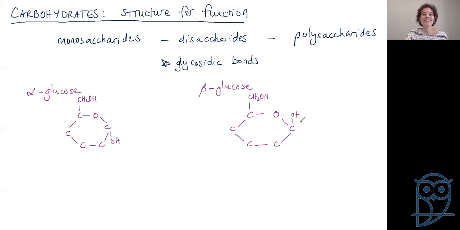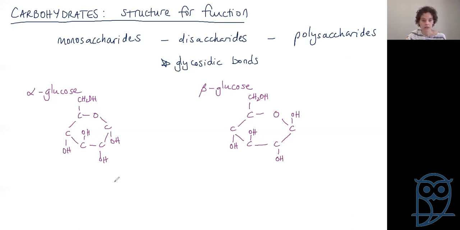And then our new phrase from last week, beta behaves. So down, up, down, a beautiful zigzag. Whereas this one we go down, down, then up, then down. So there's our difference, and the impact this has is when we form a glycosidic bond.